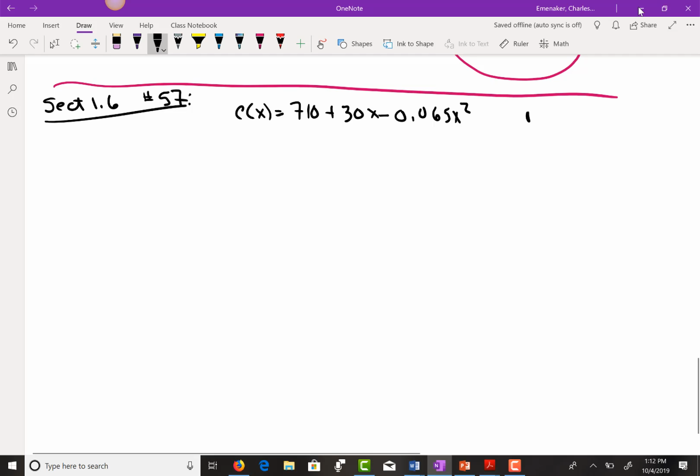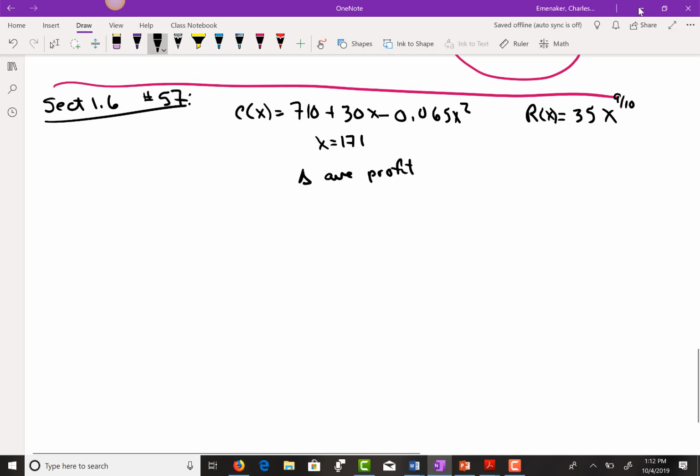And the revenue is going to be 35x raised to the 9/10. Determine the rate at which the average profit is changing when x equals 171. So we want the change in the average profit. Yeah, that one's kind of ugly.